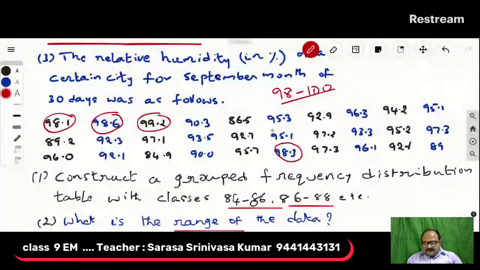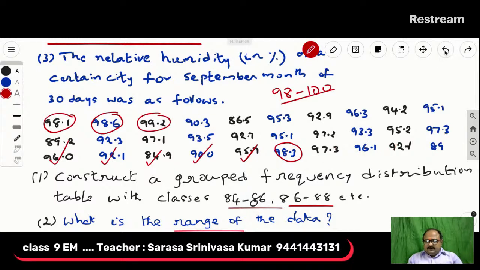Let us cross check this again. So this is verified, verified. So in this class interval, we found 4 observations.